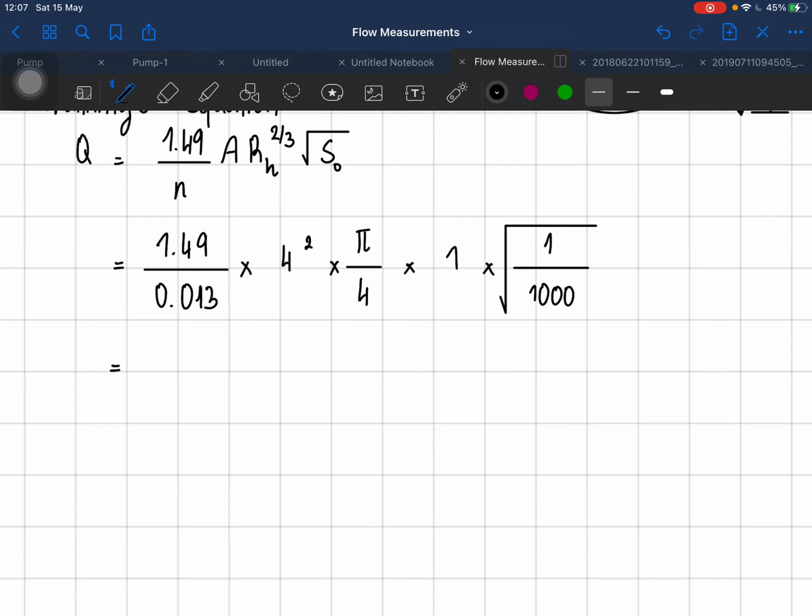Oh, wait, why is it 45? Okay, so it's 22.8 cubic feet per second.